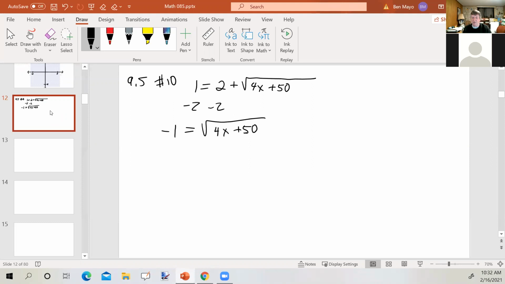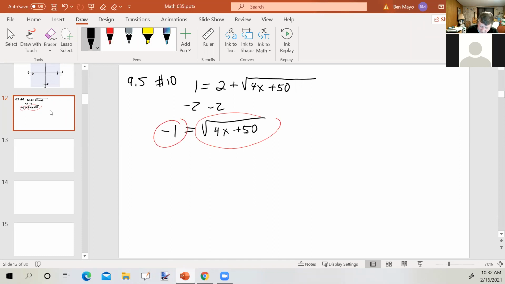This gives me -1 equals the square root of 4x plus 50. I can already tell you that there's going to be no solutions. Any solutions we get are extraneous because an even-rooted radical, square root in this case, cannot equal a negative number. That was one of our 3 big rules.